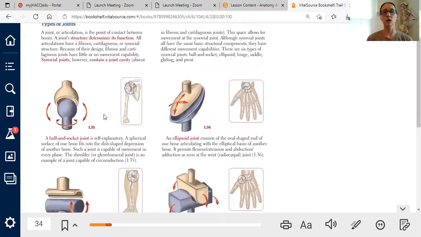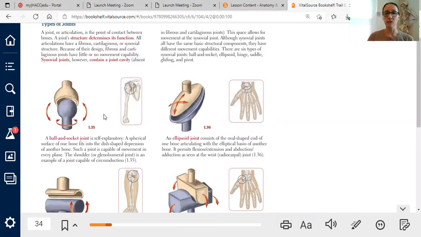All right, then we move on to the ellipsoid joint. An ellipsoid joint is a joint that has the oval end of one bone articulating with an elliptical dish of another bone. Basically, an ellipsoid joint allows an oval shaped movement. If you think of an ellipse as an oval shape, it's not really a circle. That's the kind of movement that can occur at an ellipsoid joint.